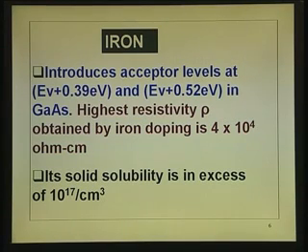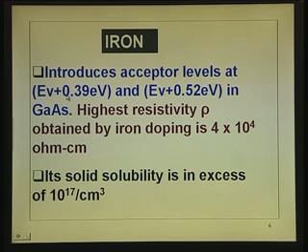Now, just as a matter of curiosity, I am putting other materials to see whether what we are saying is true or not. If you introduce iron as a compensation, it has an acceptor level at EV plus 0.39. What will happen?